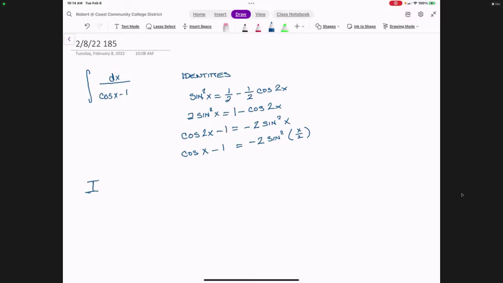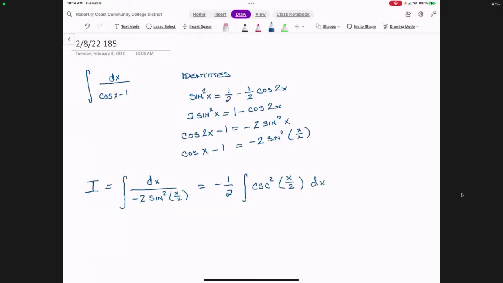So the integral, if we want to proceed this way, would be the integral of dx over negative 2 sine squared of x over 2, which is negative 1/2 the integral of cosecant squared of x over 2 dx.